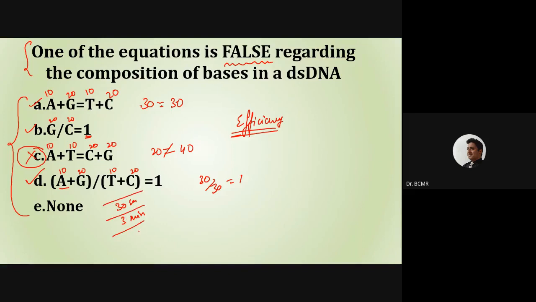Somebody might take 3 hours because they might have to learn the whole of molecular biology and then figure out the answer, right? So efficiency is what you're trying to increase, which is a factor of speed and accuracy. And typically, speed is kind of inversely proportional to accuracy. If you try to do it very fast, your accuracy may go down, right? And trying to improve both is what is important.